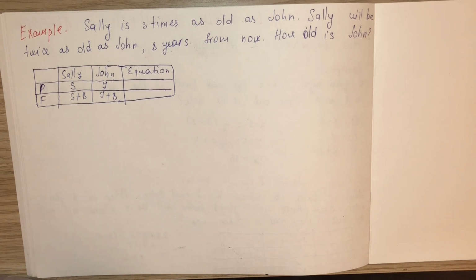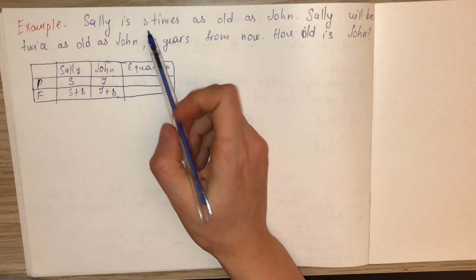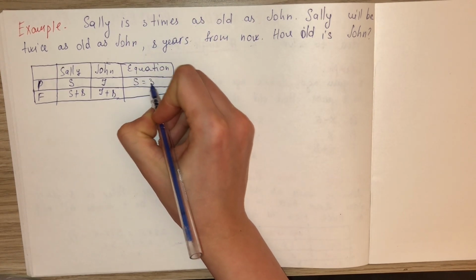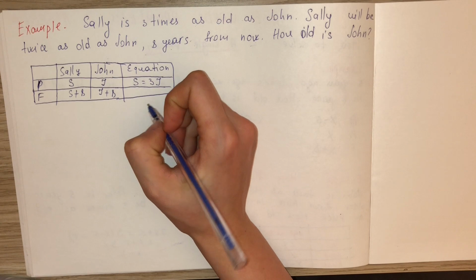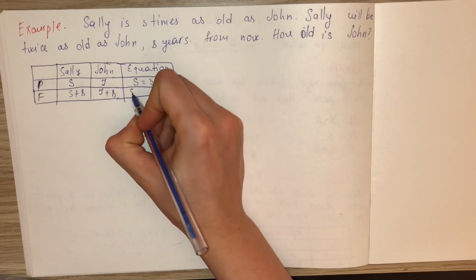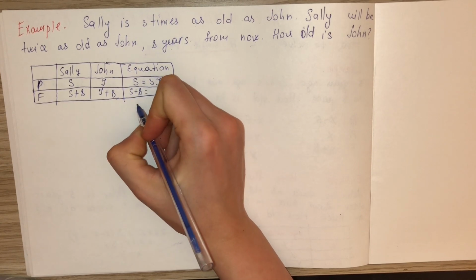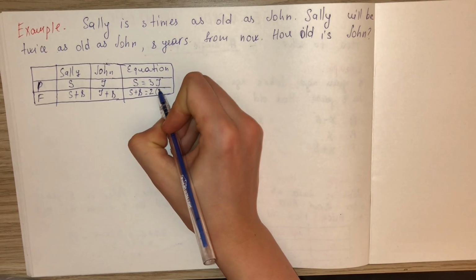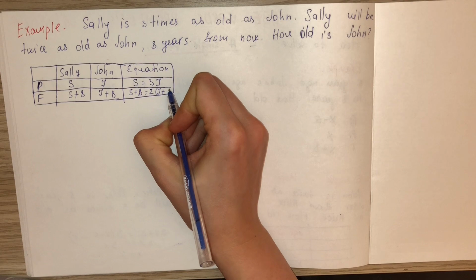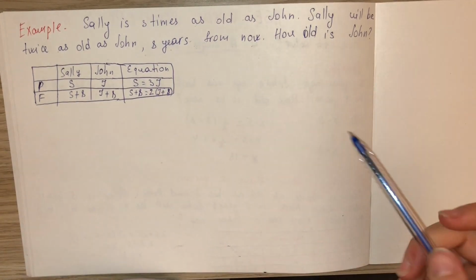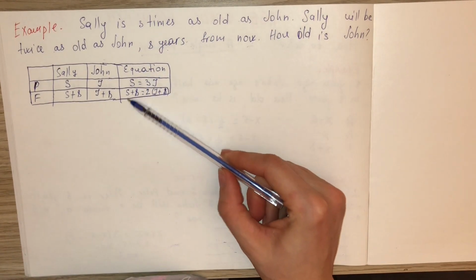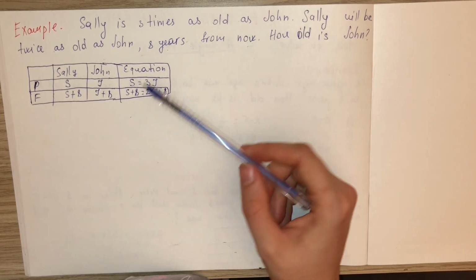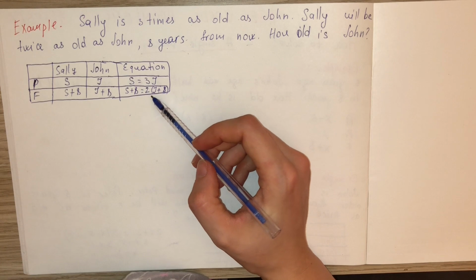The equation is that Sally is 3 times as old as John. So S is 3J, and in 8 years S plus 8 is equal to twice as old as John, 2 times (J plus 8). So we get 2 equations, and this is a system with 2 variables.